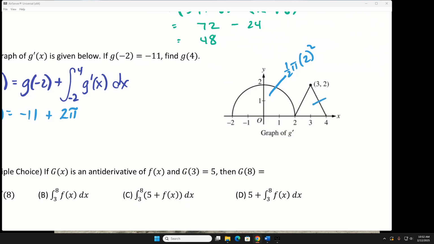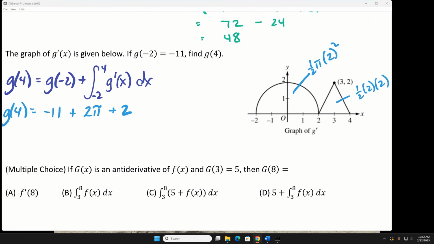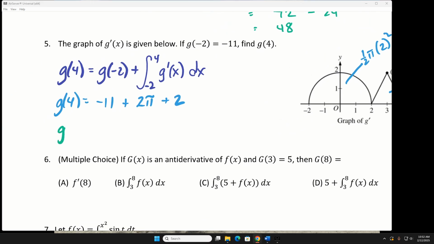All right, this one is going to be 1/2 base times height. On a free response question, you would just stop right there. On a multiple choice, you would go ahead and combine negative 11 and 2, and that's it.